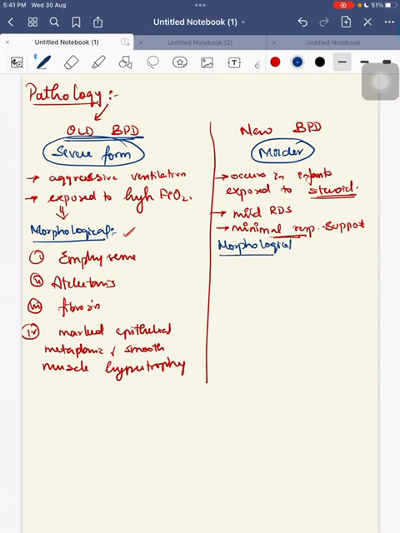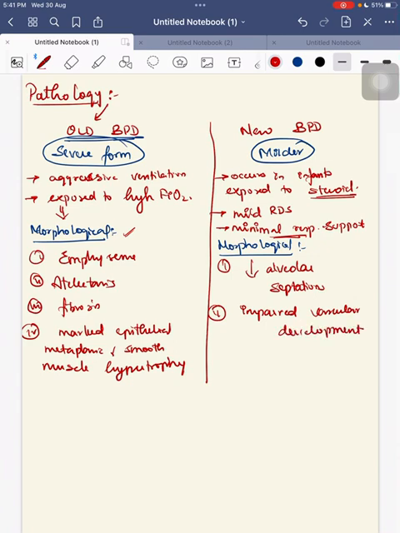The morphological changes that this child can have are, first, a decrease in alveolar septations, and second, impaired vascular development.